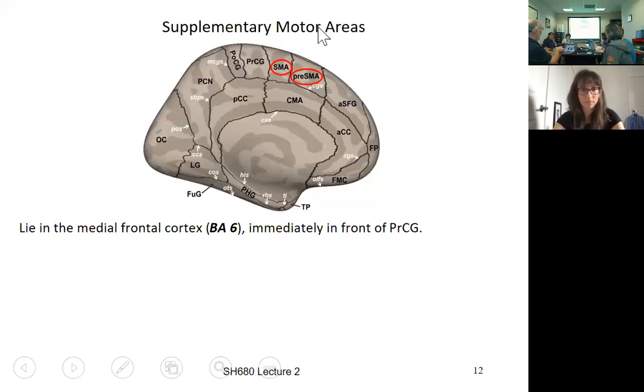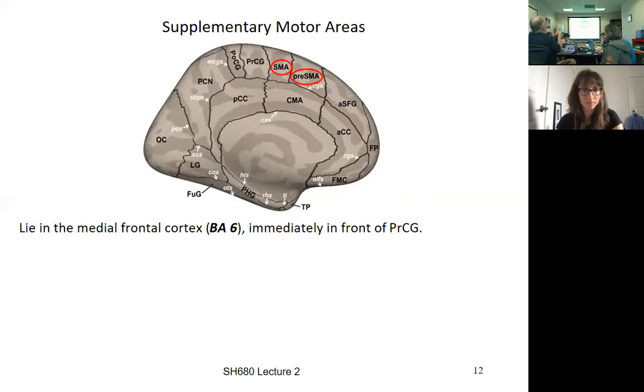When I say supplementary motor areas, I mean both of them. Otherwise, I mean the SMA proper when I say SMA in this class. So I'll always distinguish pre-SMA from SMA, unless I'm referring to both of them.